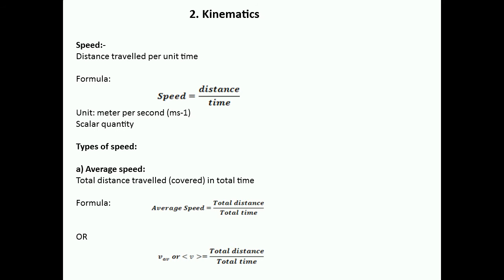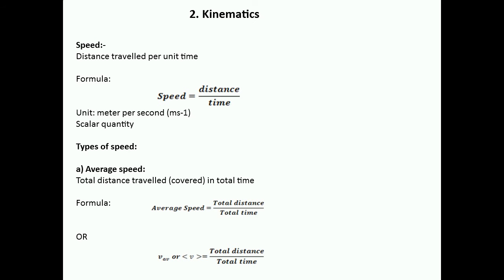Speed is a scalar quantity because speed depends on two things: one is distance and the other is time. Distance and time both are scalar quantities, therefore speed is a scalar quantity. Dear student, in your daily life you can see the speedometer of a car or motorcycle, and to measure the speed you only need to see the meter.